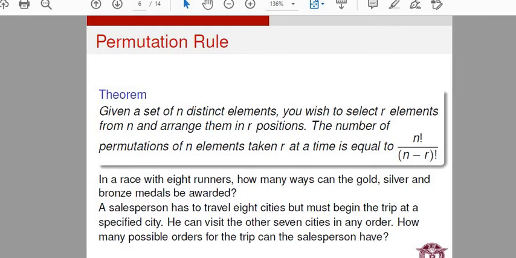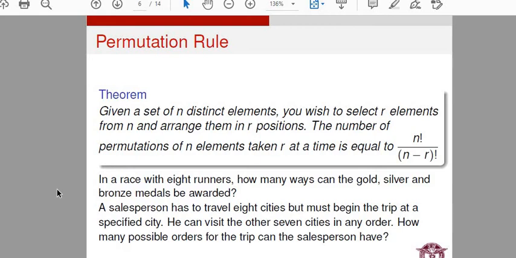Yes, anyone can give the answer? Here n is 8 and R value is 3. So we have to put 8 factorial divided by 8 minus 3 factorial, that is 5 factorial, right. So 8 factorial makes it 8 into 7 into 6 into 5 factorial.